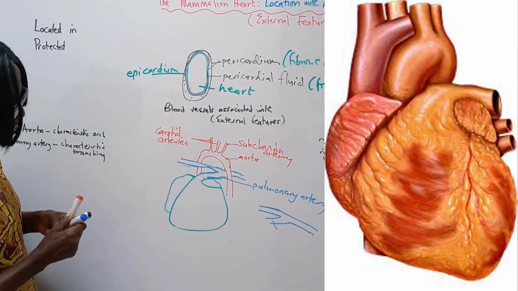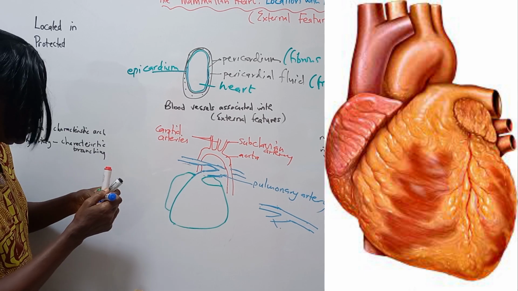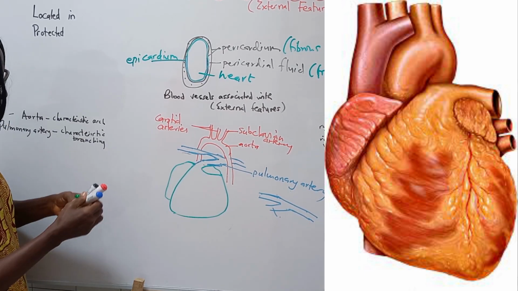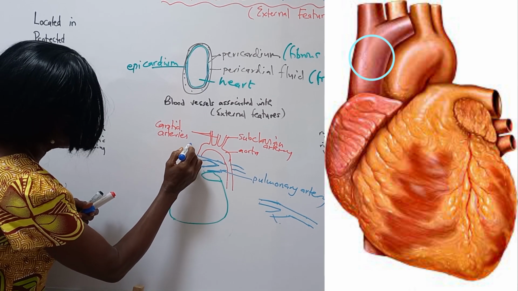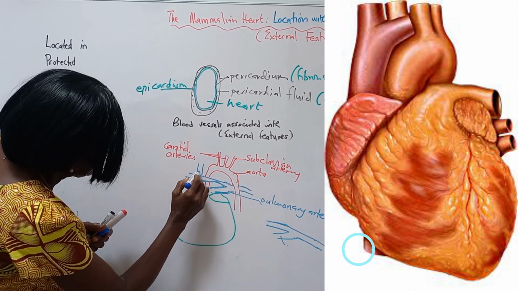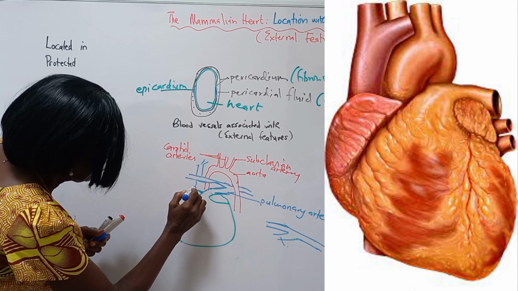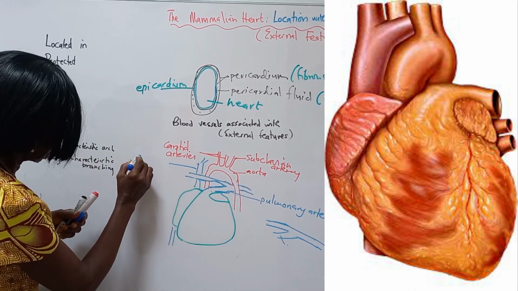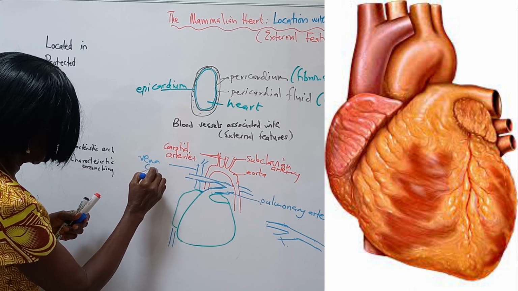Among the other vessels you see on the external features, you have the vena cavae: the anterior vena cava and the posterior vena cava. It looks like a branch, but it comes straight into the right atrium. So here you have the vena cava.